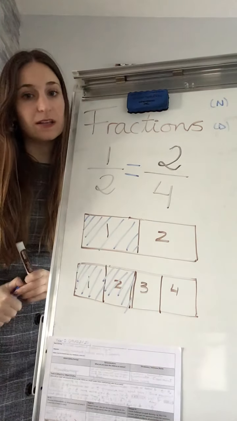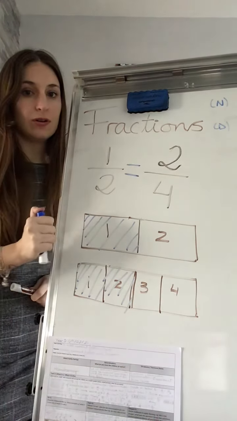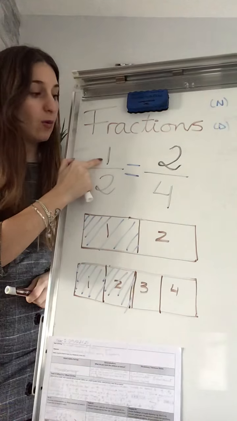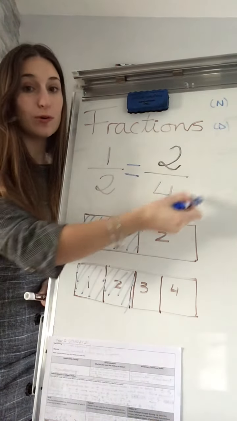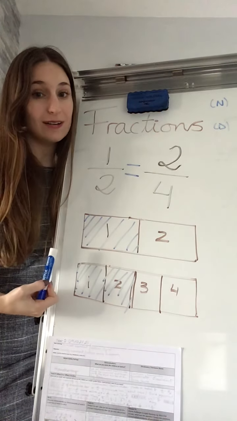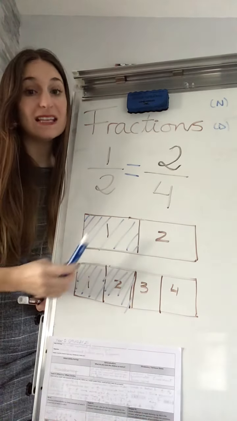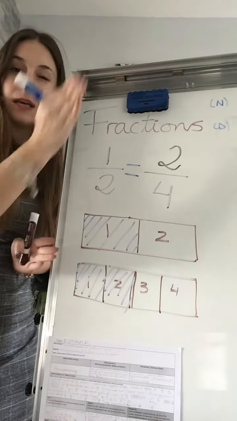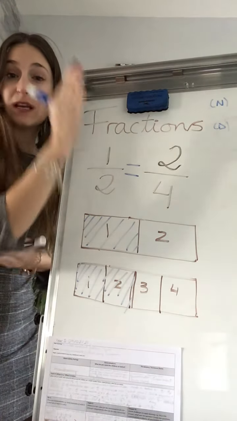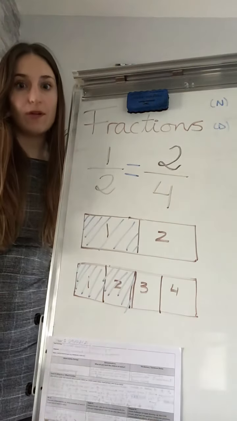Don't be silly like me and think that 2 is more than 1, so you will be eating more in there. Because actually these portions are smaller because it's cut into more pieces. If you think of a pizza and you cut it into 2, you are going to have a big slice.